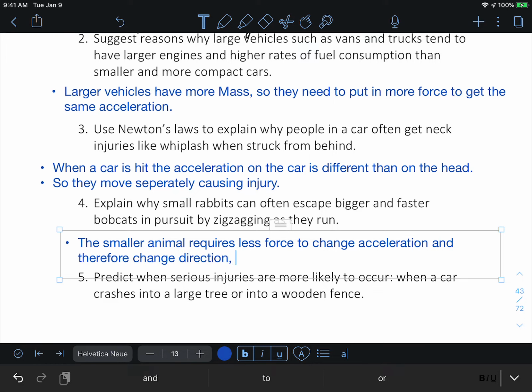So every time you change direction, it's a change of acceleration. They get less tired zigzagging than the larger predators.